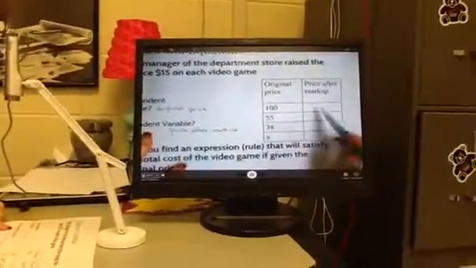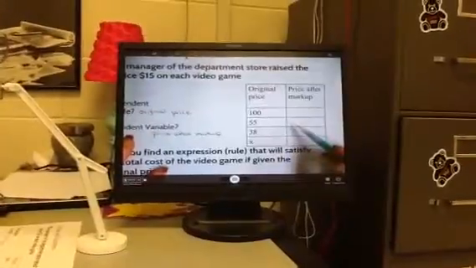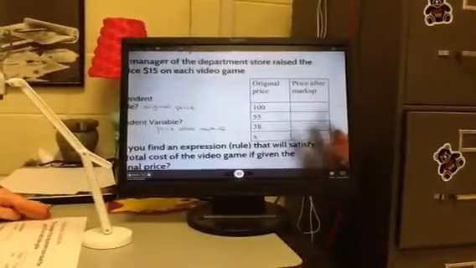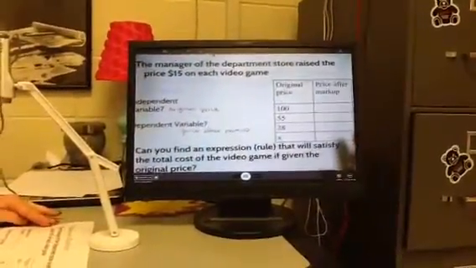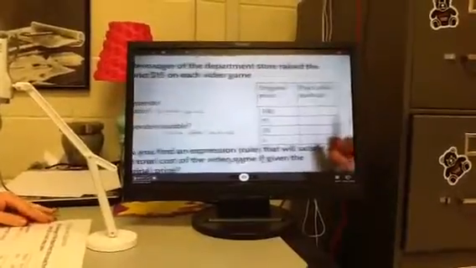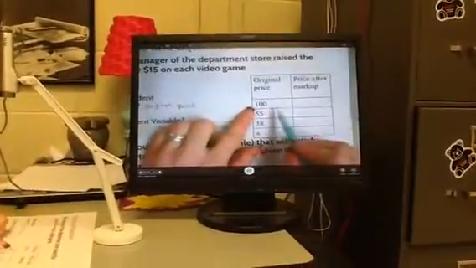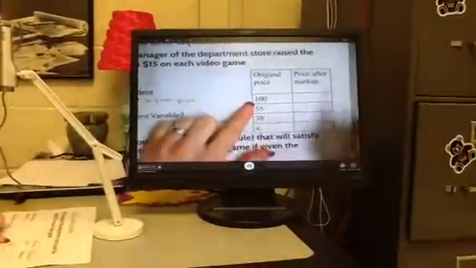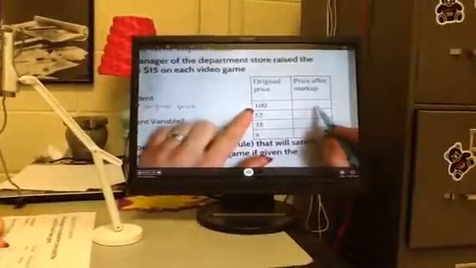So now I can fill in this table based on the information I was given. He raises the price $15 on each video game. So I would have to take the original price and add $15 to get the price after the increase.